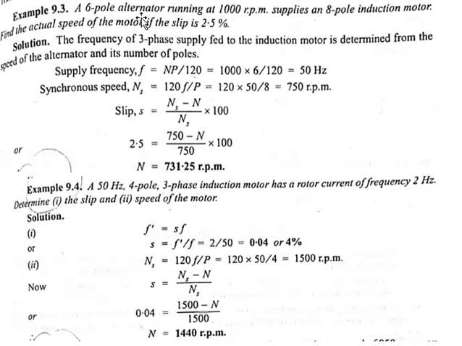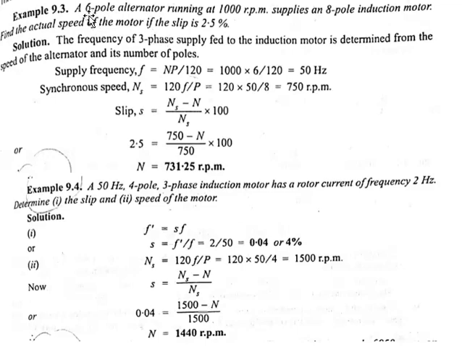Next one: a 6-pole alternator running at 1000 rpm supplies an 8-pole induction motor. Find the actual speed of the motor if slip is 2.5%. This is a little bit tricky. What I mean is, instead of directly telling how much supply they are giving, they have given an alternator. We know what an alternator is: a synchronous generator that generates 3-phase AC.